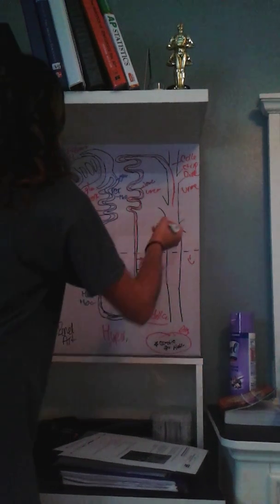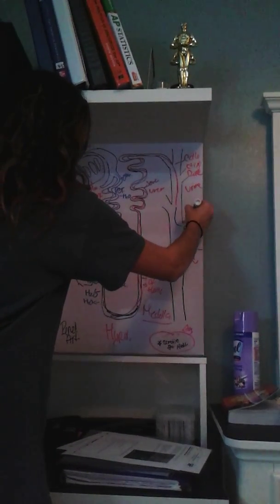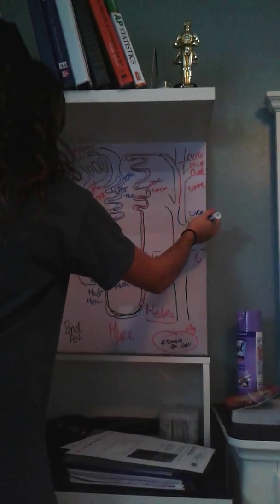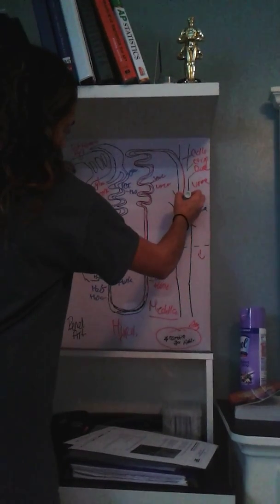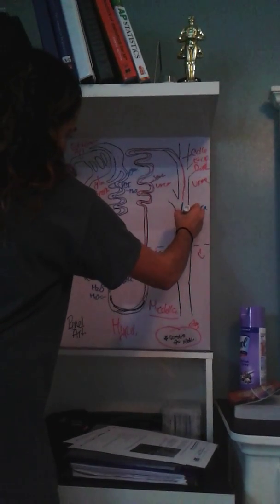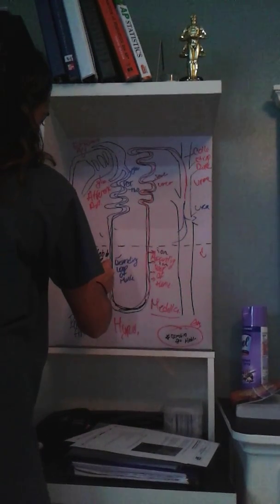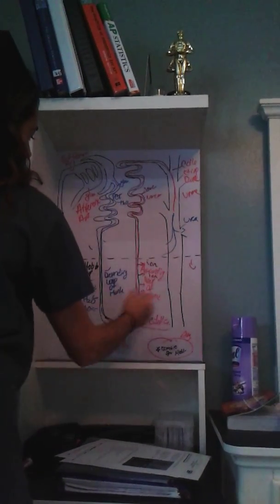And at this point, once again, as I previously stated, some urea is needed to set up the osmotic gradient in the medulla, and some of the urea is reabsorbed in the body. And it's important to remember that the urea is reabsorbed into the blood vessels created by the capillaries that go all around the nephron.